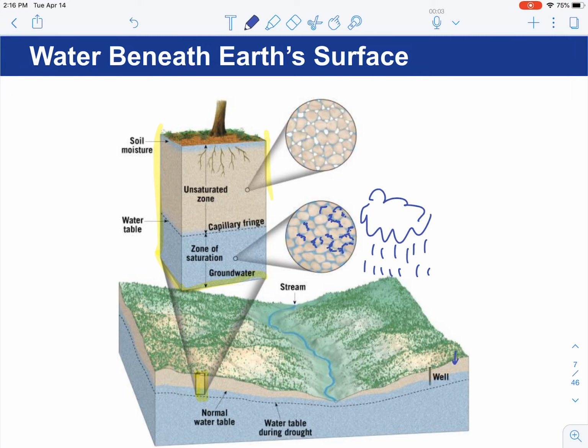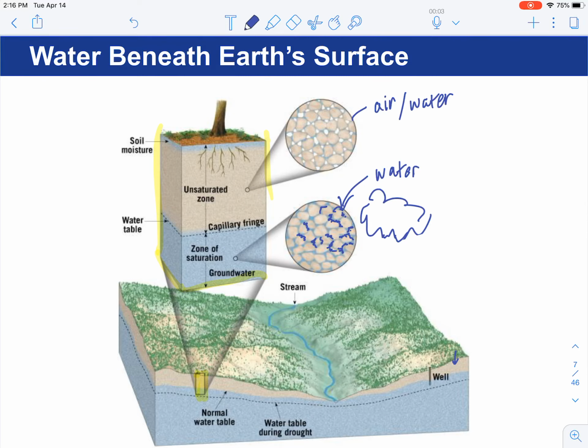And then eventually, if the rain stops, there's no longer a source. And so the area up above the zone of saturation is what we call the unsaturated zone. So rather than water occupying the space between sediment, this is air and sometimes some trapped particles of water.